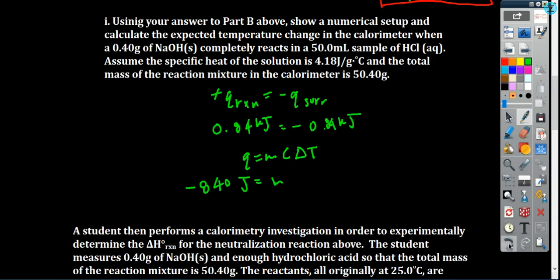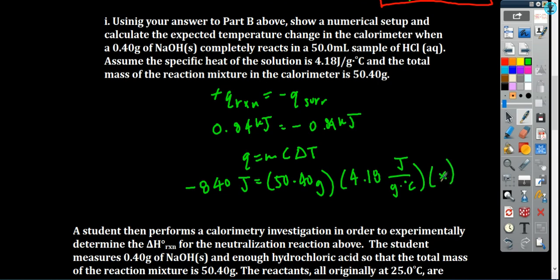So my mass here, we're told explicitly in the problem, is a total mass of 50.40 grams. My specific heat capacity, we're told to assume the same specific heat capacity as that of water. And we're solving for delta T. So some quick algebra here. I'm going to take negative 840, divide by 50.40, and then divide that by 4.18.